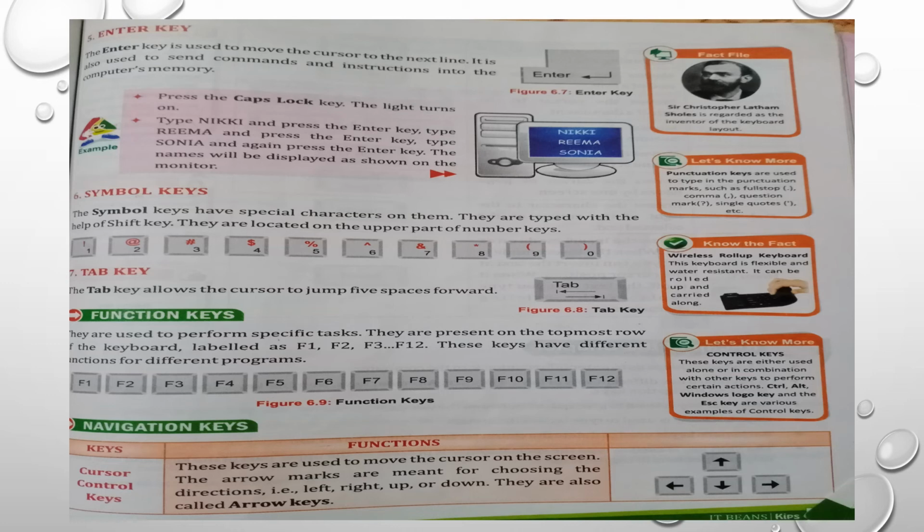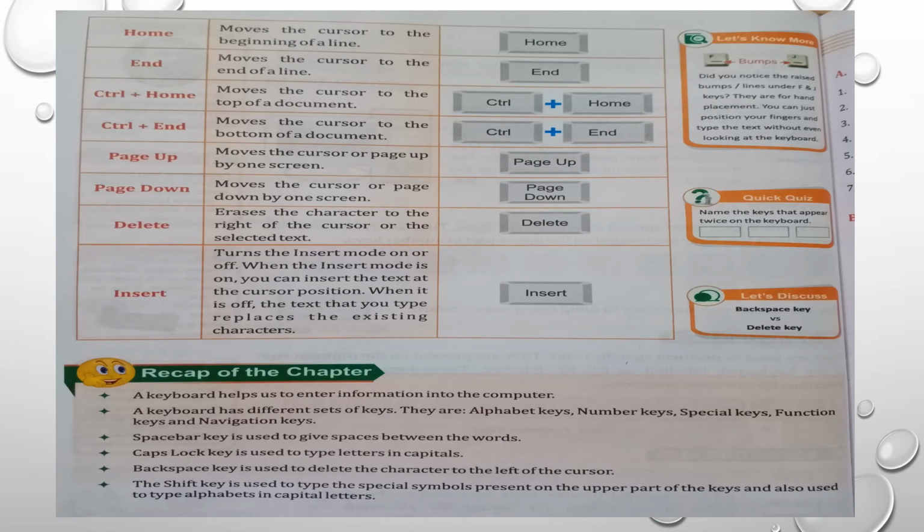They are also called the arrow keys. Home key. The home key is used to move the cursor to the beginning of the line. End key. The end key is used to move the cursor to the end of a line.